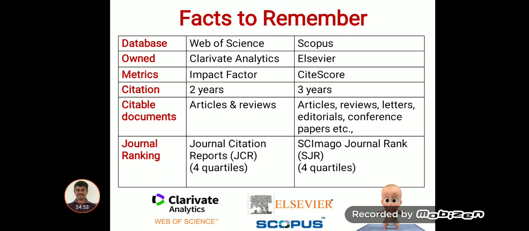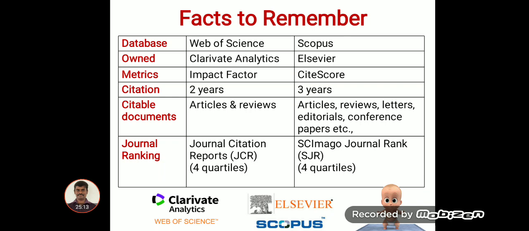The journal ranking for Web of Science is given by the Journal Citation Report, whereas for Scopus it is given by the Schemago journal rank. Both give 4 quartile ranks. So these are the important facts which you have to remember regarding impact factor.